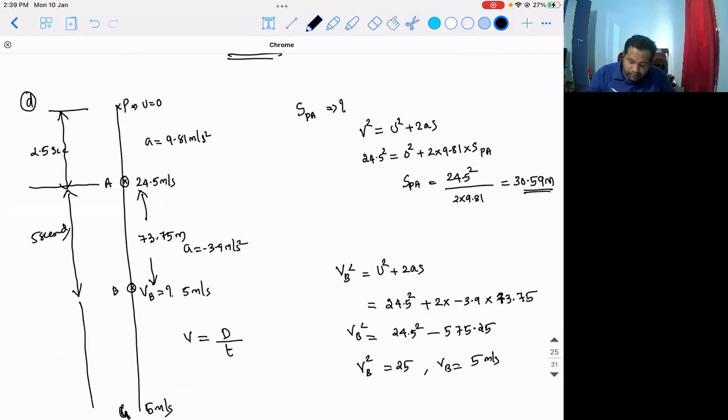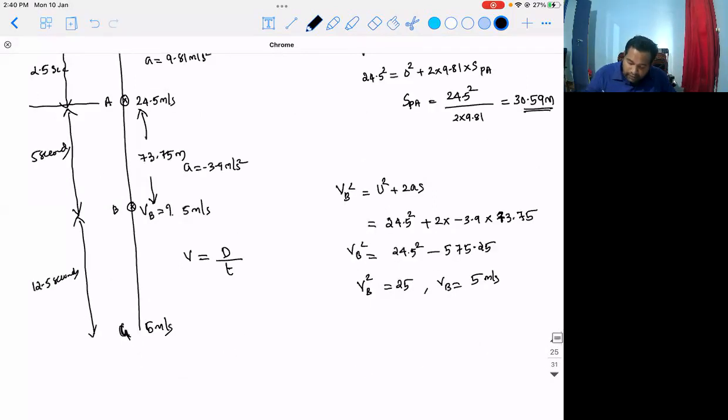And B to G, all together 20 seconds. So 20 minus 5 minus 2.5, that has to be 12.5 seconds. Therefore, this time we already got. So V is 5. 5 is equal to distance divided by 12.5. So distance is 12.5 multiplied by 5, and you will get 62.5 meter.